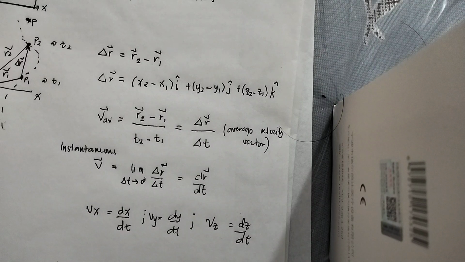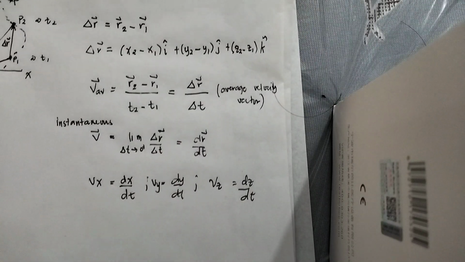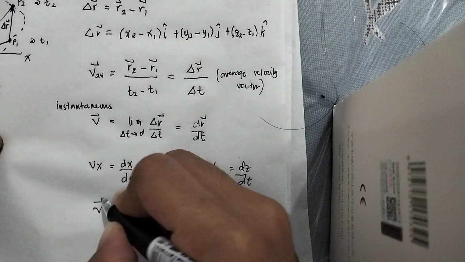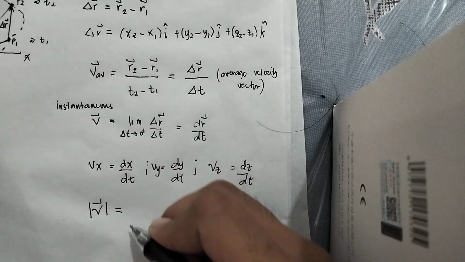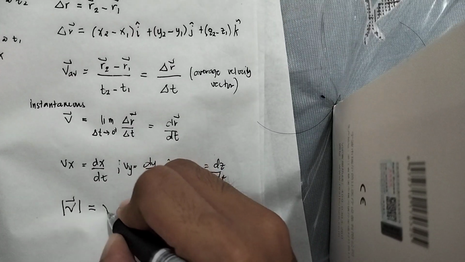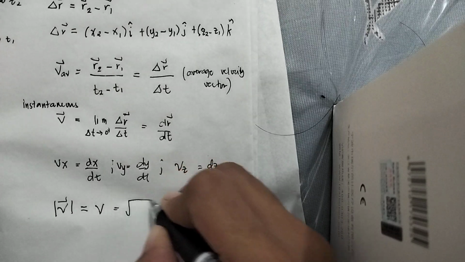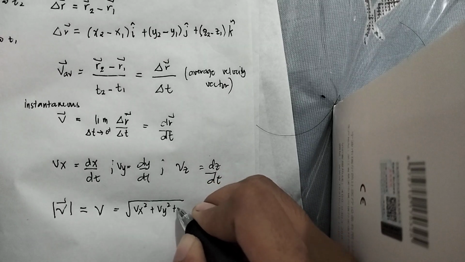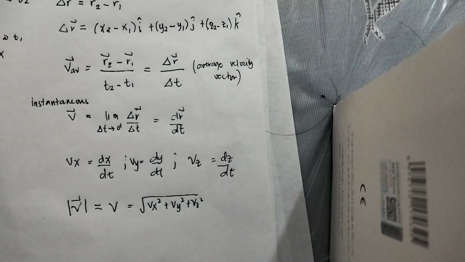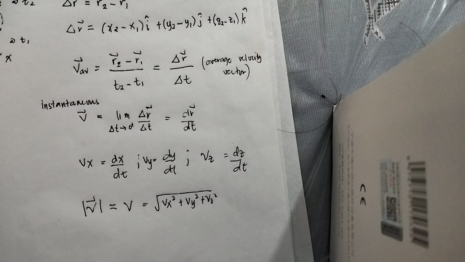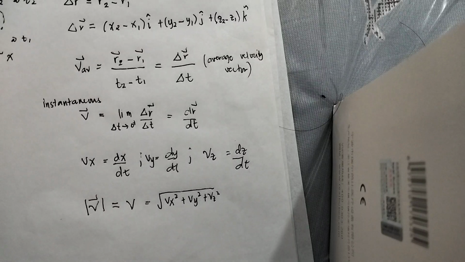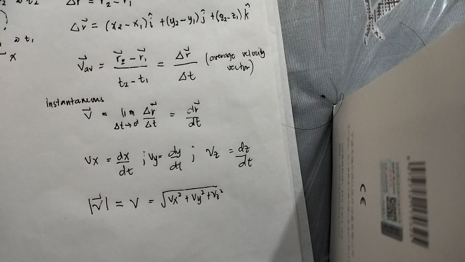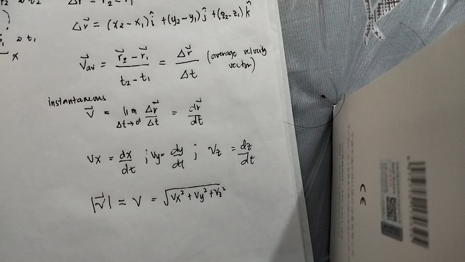To find the magnitude, it is a scalar, so it is the square root of Vx squared plus Vy squared plus Vz squared. Okay, let's have an example.